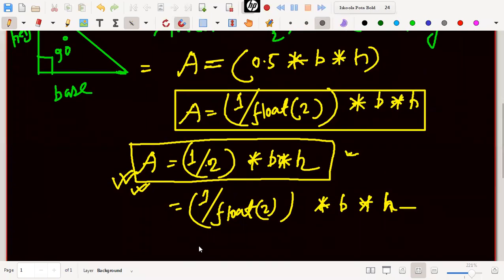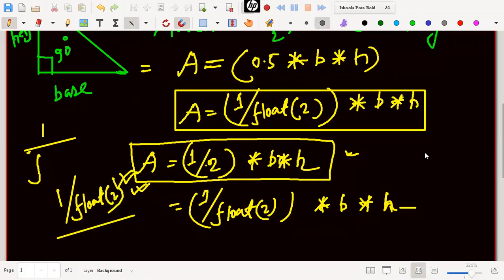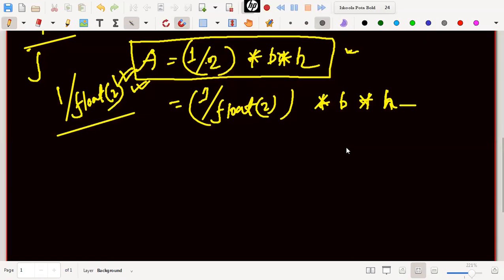Sir, a question. Yes. Sir, if we write float 1/2, will it still be applicable? No, 1 divided by float 2. Any fractional number like √3/4, right?